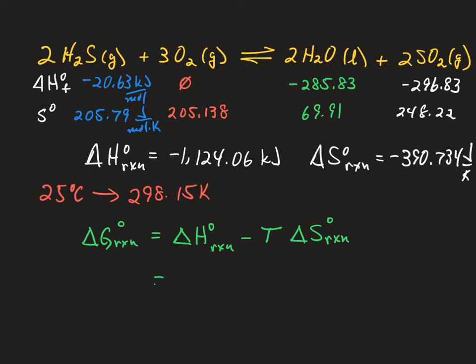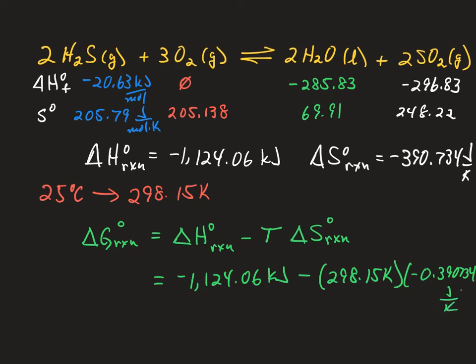So that's going to be equal to negative 1,124.06 kilojoules minus our temperature, 298.15 Kelvin, times negative 0.390734 joules per Kelvin, right?